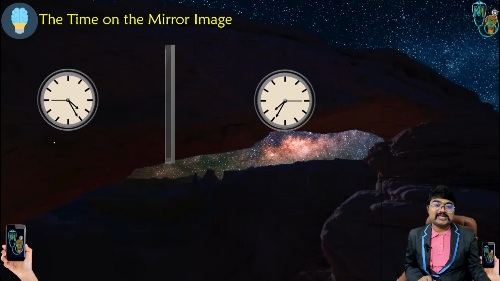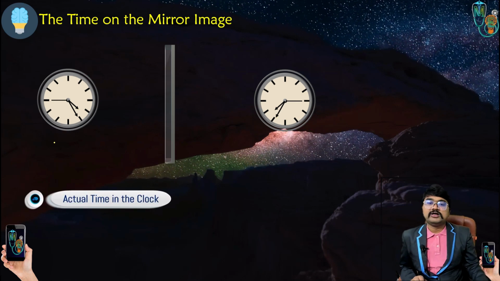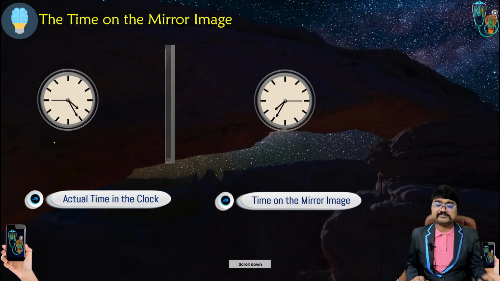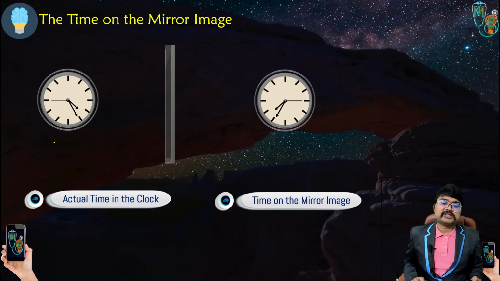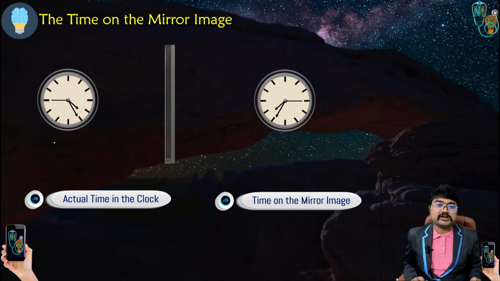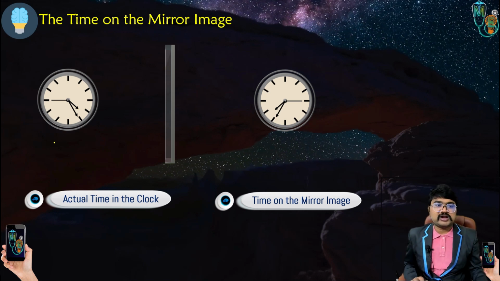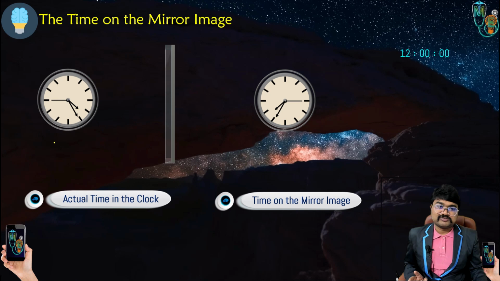Then what is the time on the mirror image? See here, the actual time in the clock and the time on the mirror image. For that, we need to use this formula.